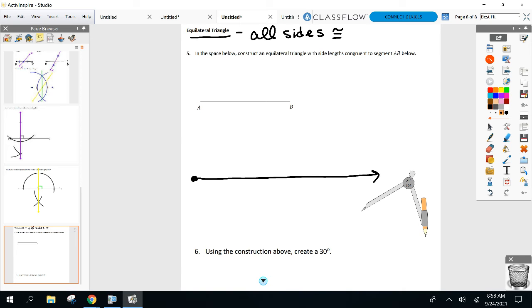Take your compass, measure AB. Come on down to your ray, put your point on the endpoint and copy it with an arc mark.